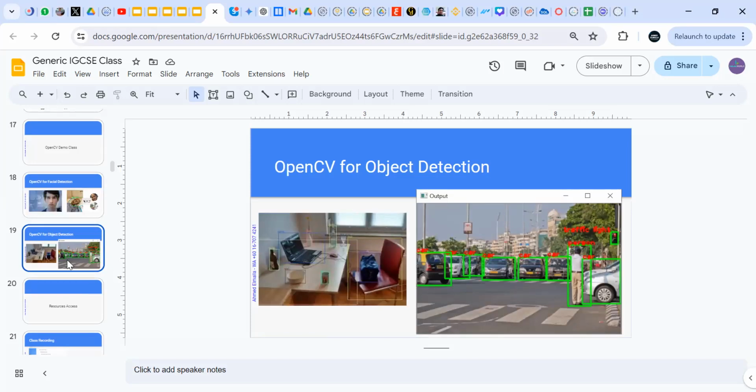So as I said, Python, facial recognition and analyzing images are actually quite popular. And like you see here, we are able to count cars. We are able to detect if this is a car or a person, and we are able to detect the traffic light.